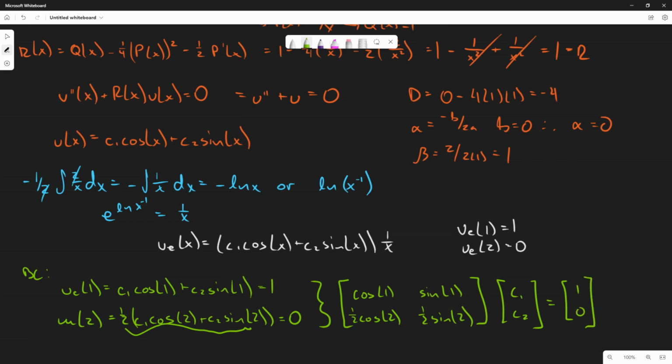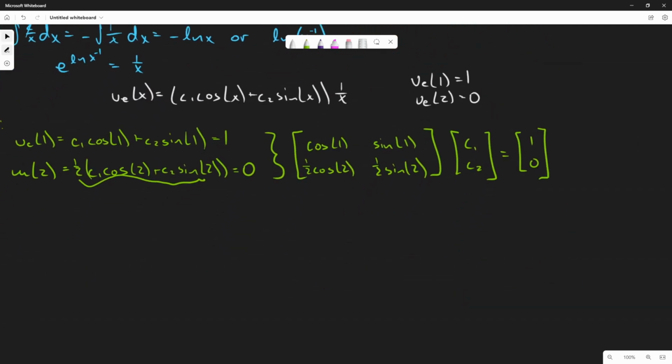And so what we do here is we're going to multiply both sides by the inverse of this 2 by 2 matrix. So both sides are going to be multiplied by cosine of 1, 1/2 cosine of 2, sine of 1, then 1/2 sine of 2, negative 1/2, and like both sides.